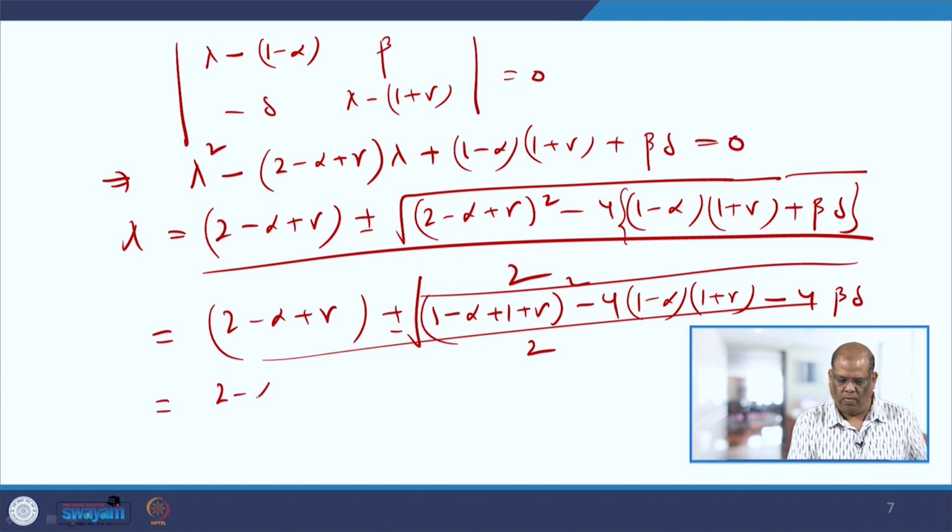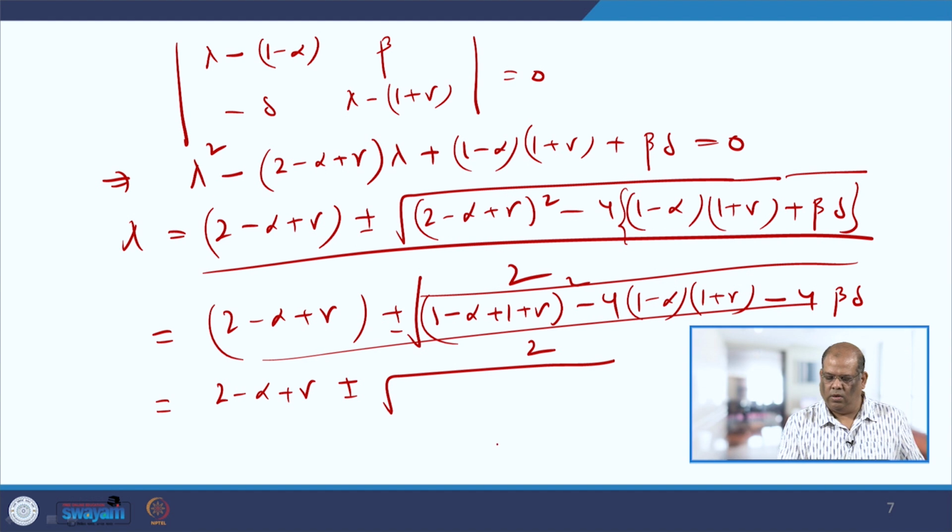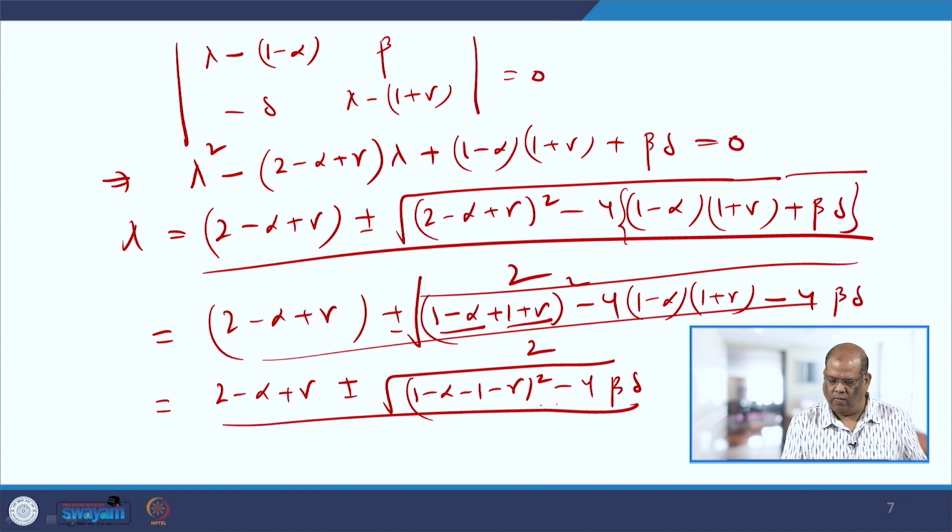So, this is 2 - alpha + gamma plus minus square root of, so this is just of the form (x + y) whole square - 4xy, which we know as (x - y) whole square. So, (1 - alpha - 1 - gamma) whole square - 4 beta delta divided by 2.